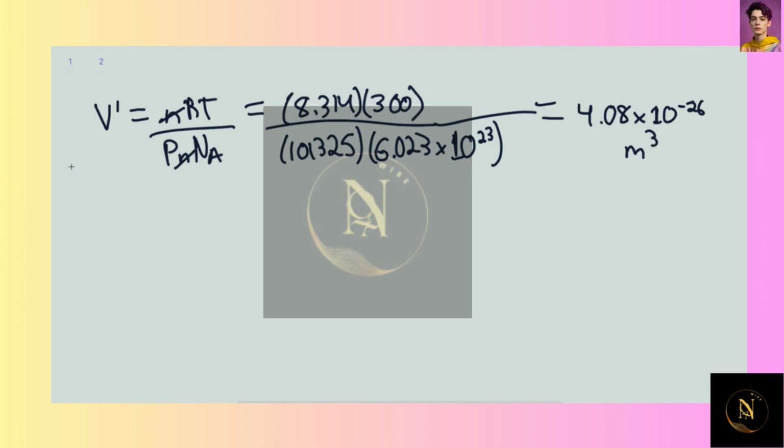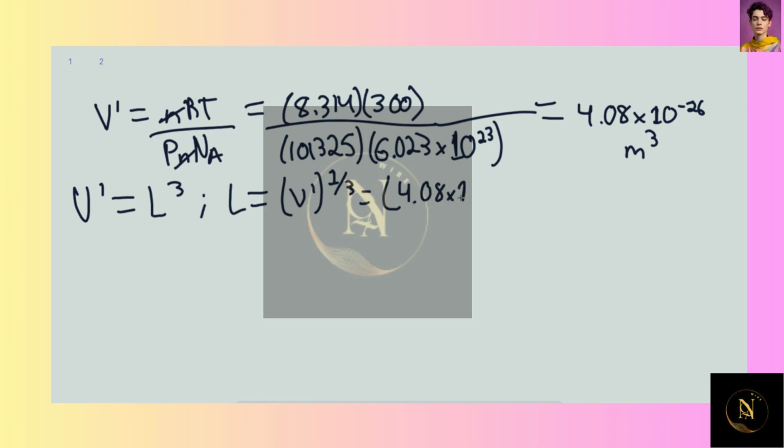So we can say that V prime is equal to the side length of a cube, cubed. L cubed is V prime, so L equals V prime to the 1/3 power, 4.08 times 10 to the negative 26 to the 1/3 power. This is going to equal 3.44 times 10 to the negative 9th meters.